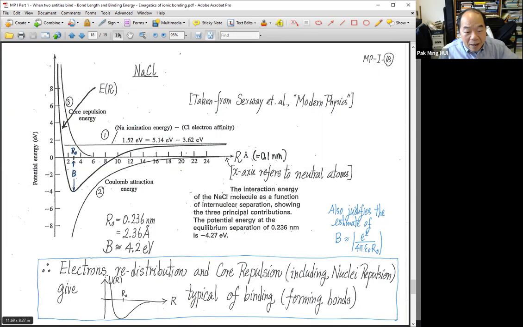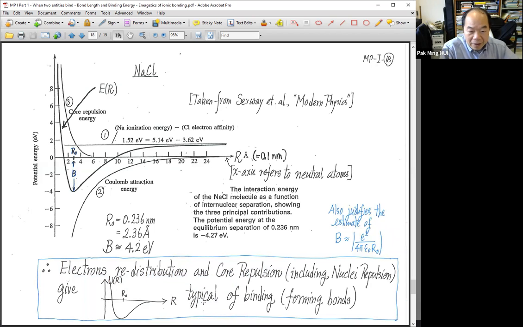Now, for the first time, you see how electrons distribute, forming the ions, and the core repulsion, that is, the nuclei's positive charge repulsion and some electron effect together, gives us the typical binding curve.